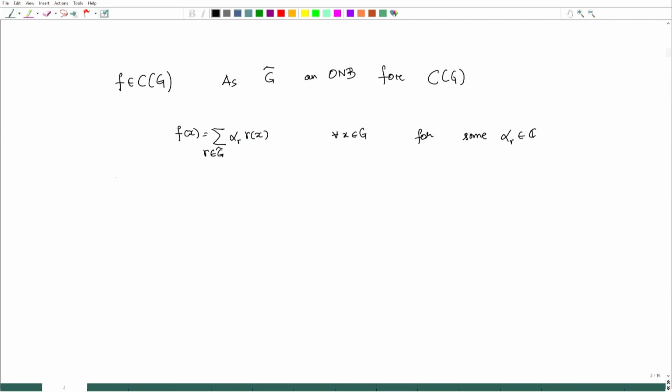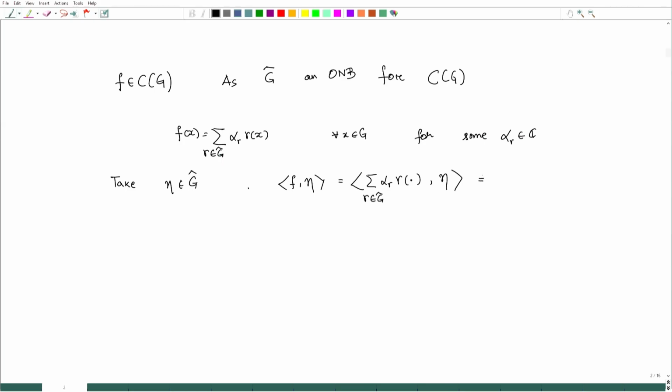Now, I take an eta belonging to G hat. Then the inner product of f with eta is equal to summation over gamma belonging to G hat, alpha gamma, inner product of gamma and eta.